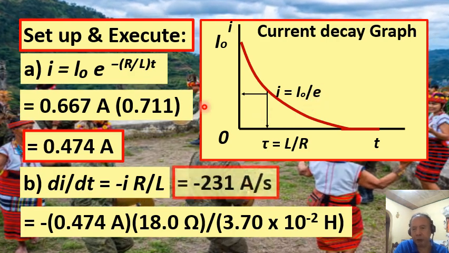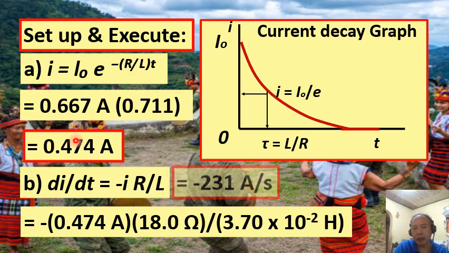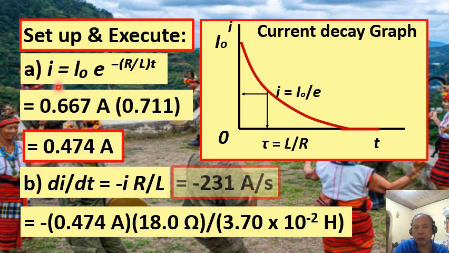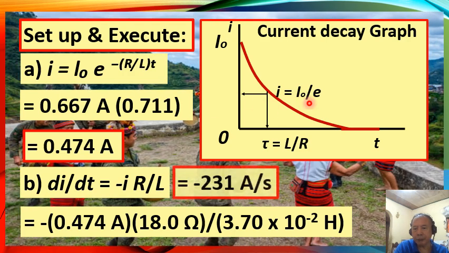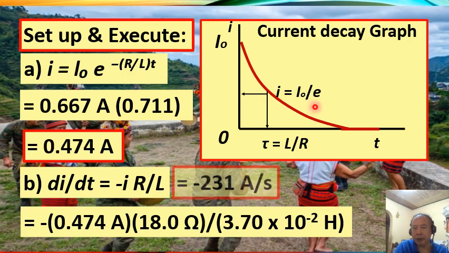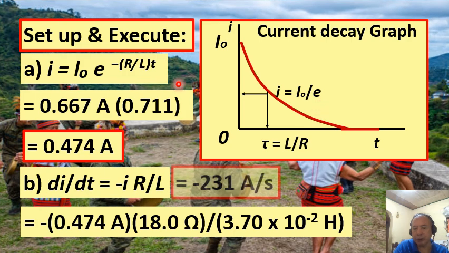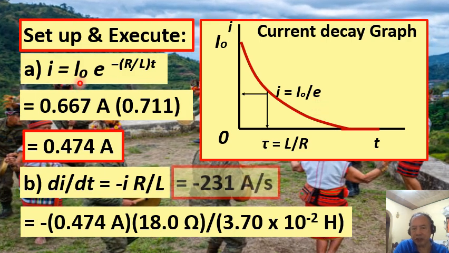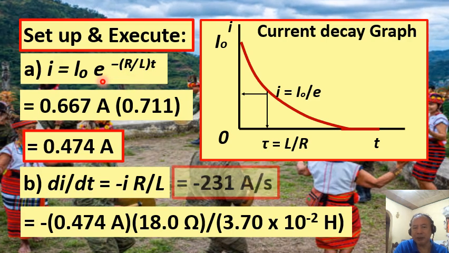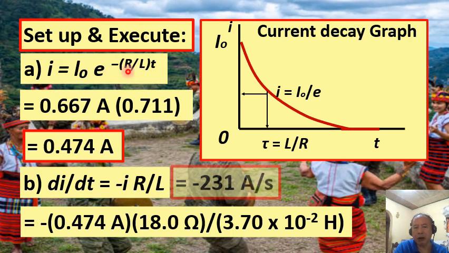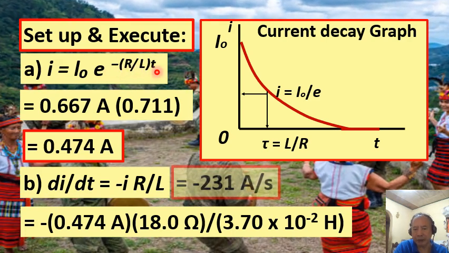For example, that's how we got the answer to question letter A, where I naught divided by Euler's number can also be expressed as I naught multiplied by Euler's number raised to the negative R divided by L times t.